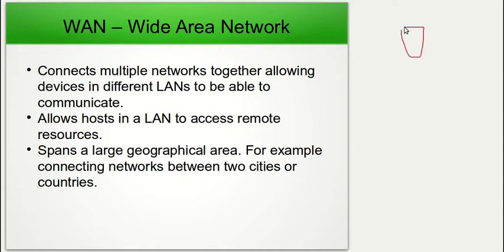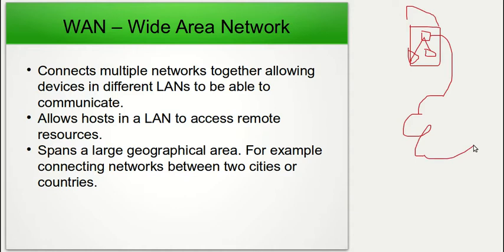So let's talk about the internet for now. Let's say this is your home. With the local area network, our devices in our house are all able to communicate with each other. But normally, we have some sort of connection to an ISP, known as the Internet Service Provider, which provides us with a connection to the internet.